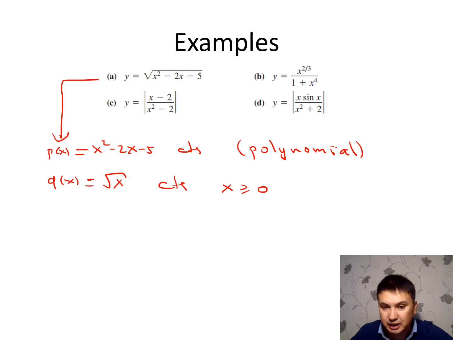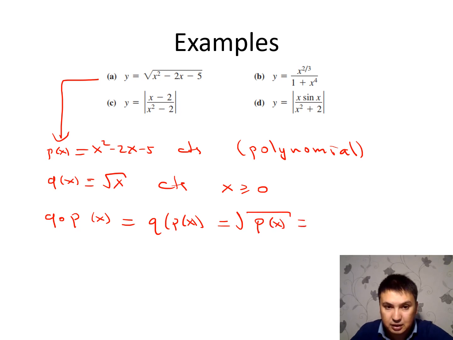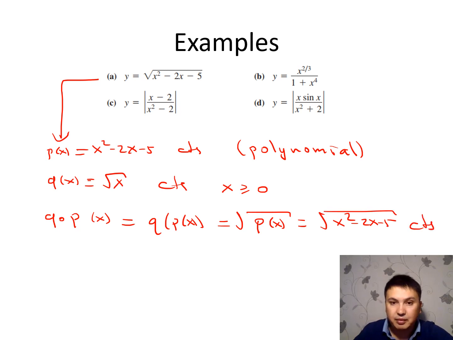Because the limit exists and it equals, etc. So it's easy to see. So then, by the previous theorem, we can safely say that q of p of x, which is the square root of p of x, where p of x is x squared minus 2x minus 5, is continuous because of the previous theorem, right?